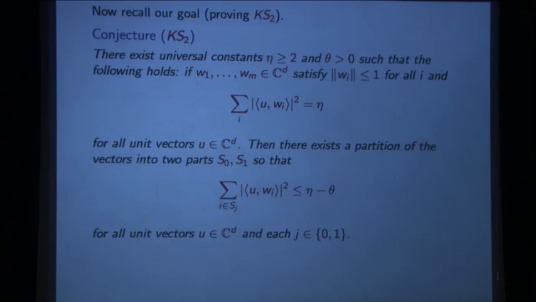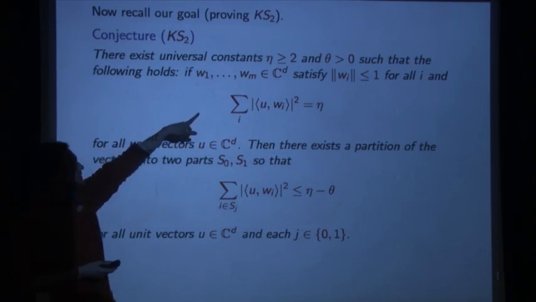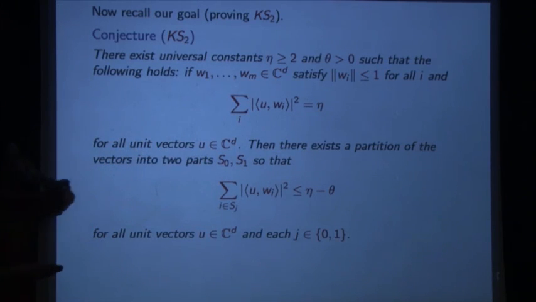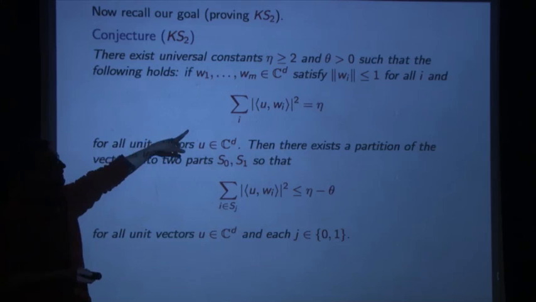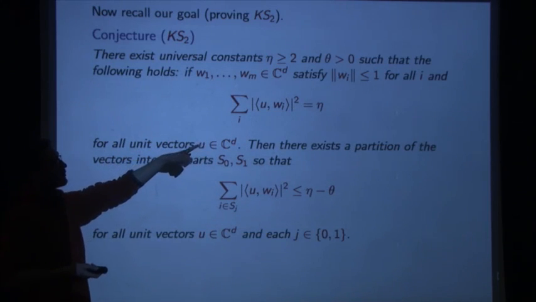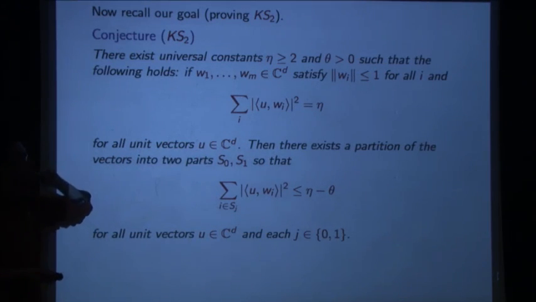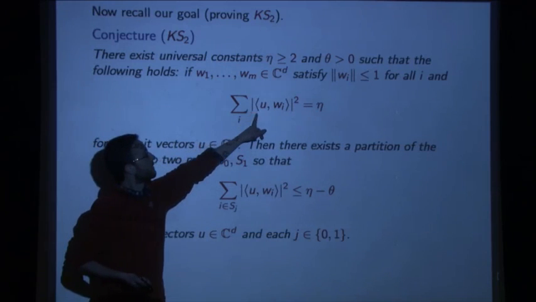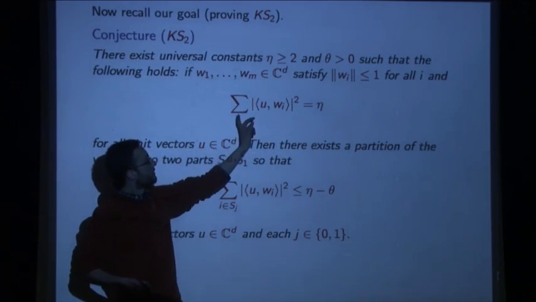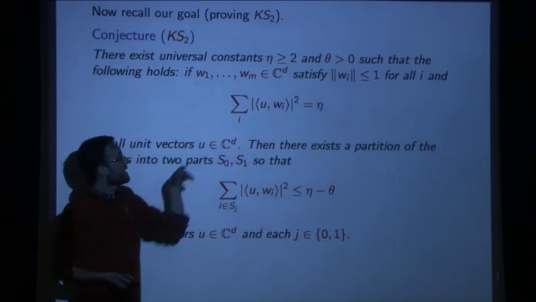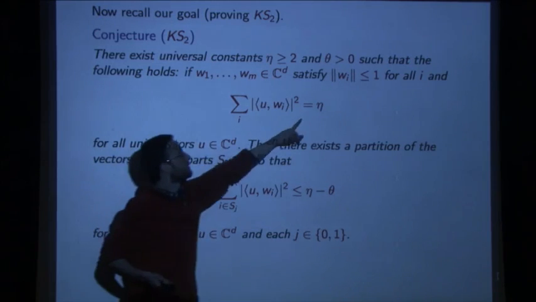OK, now, so here's KS2, finally. Probably should have appeared a lot earlier, but this was our original goal. And what is KS2? It says that there exist some universal constants, eta and theta, such that the following holds. If w1 through wm are complex vectors, the wi are less than or equal to 1 in norm, and the measure against any unit vector u is eta.